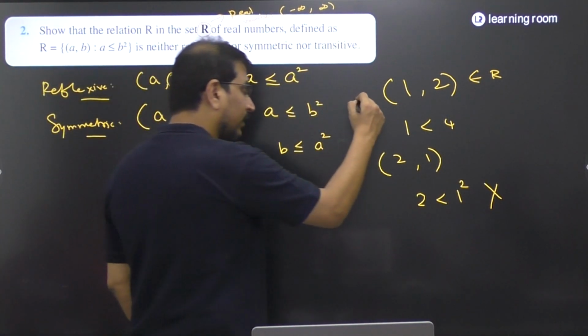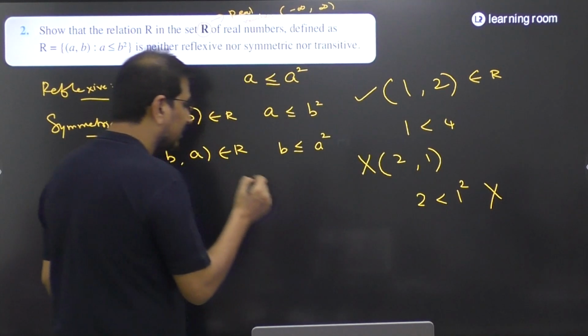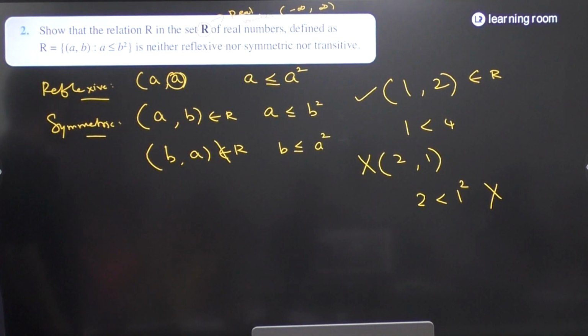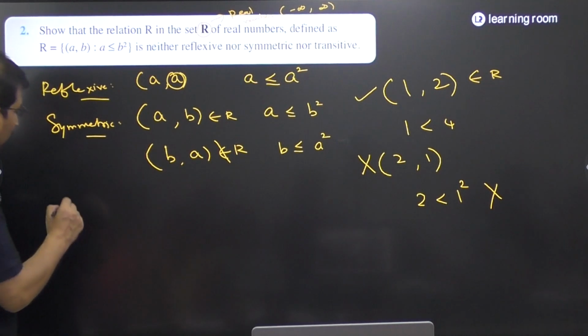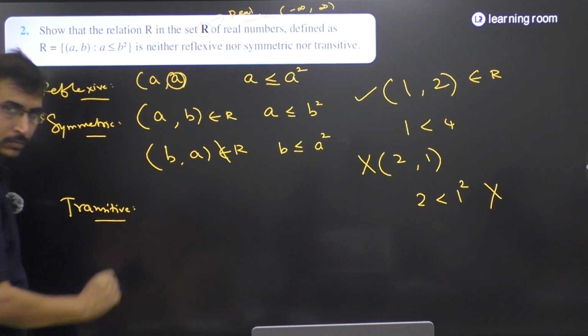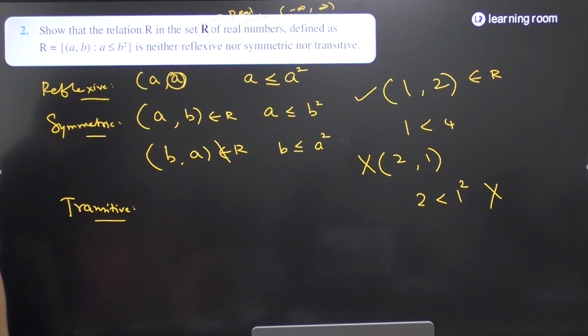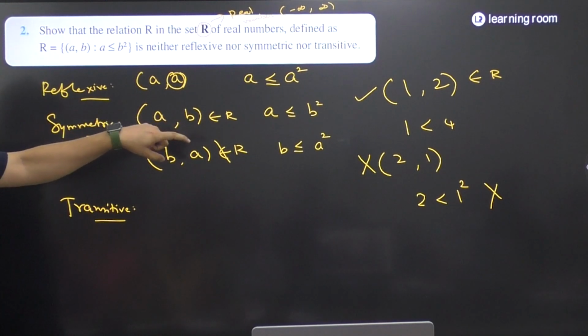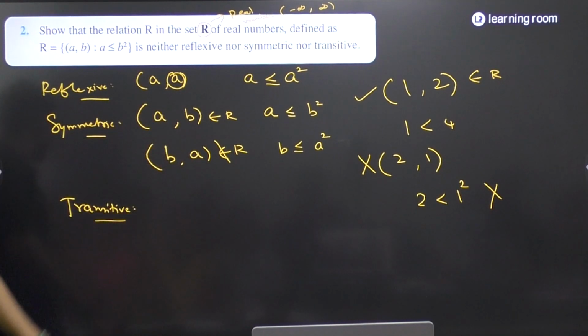So since this is not existing, this is not symmetric. Here I'm able to prove that there is a pair existing for which you don't have a counterpart.